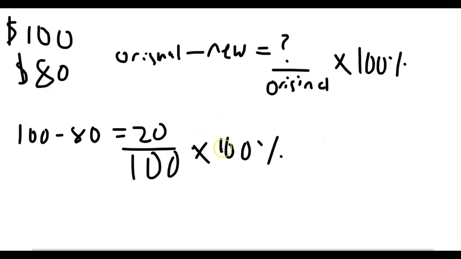And this is the method. Original minus new equals some number divided by the original price times 100%. And that's how you would find the percent decrease of a price.